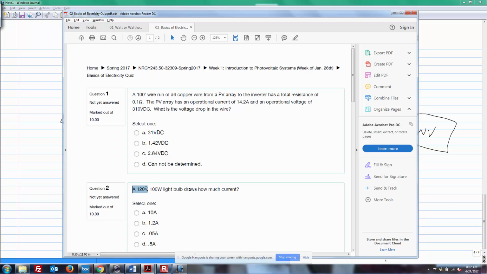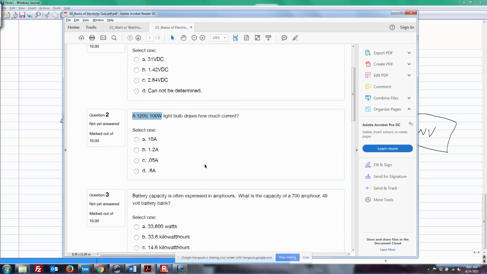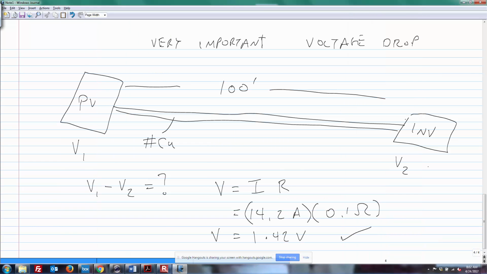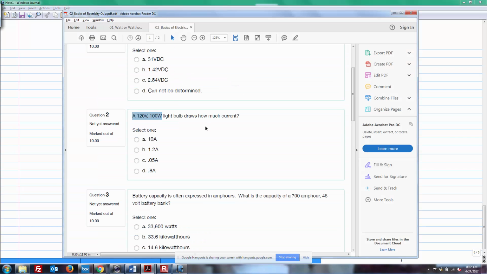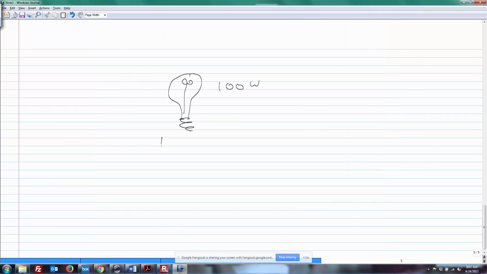This one. So a 120 volt, 100 watt light bulb draws how much current? Okay, so let's do that one. So here we have a light bulb, kind of an old one. And we know that it's 100 watts and we know that it's 120 volts.